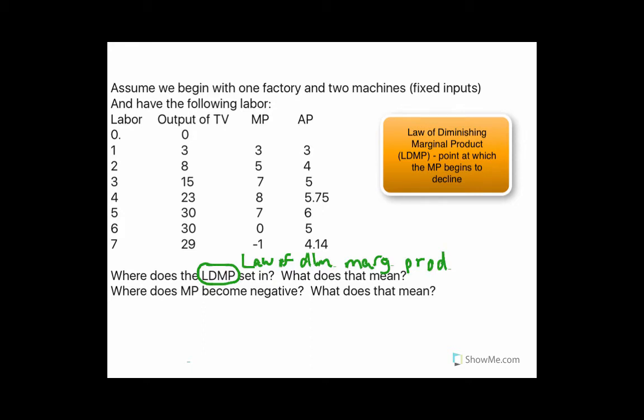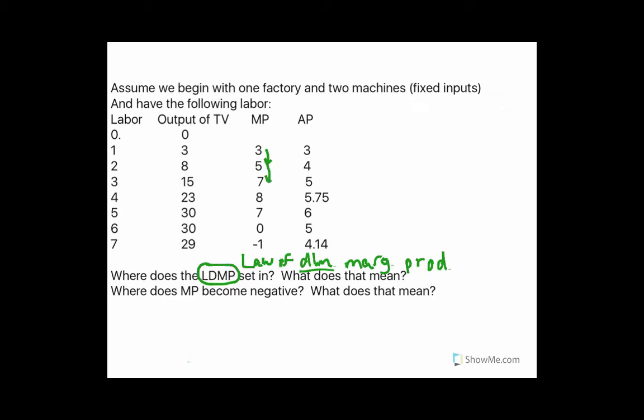That sort of sounds like when is marginal product negative, but it's actually different. Diminishing is basically the same thing as decreasing. When is marginal product decreasing? If you look at the column, it's going up from 3 to 5, up from 5 to 7, up from 7 to 8.